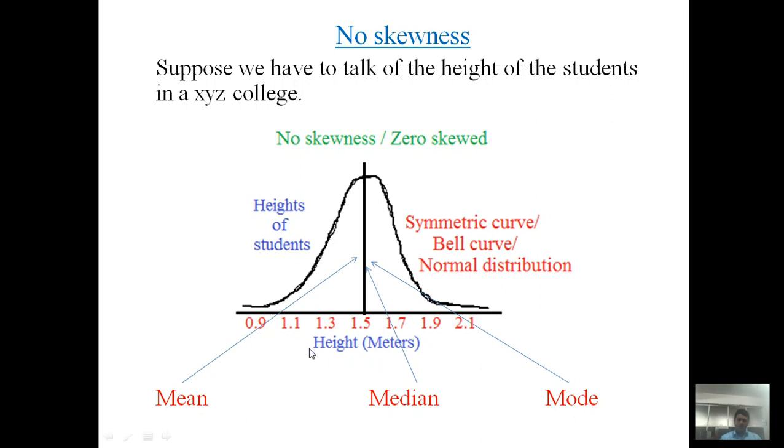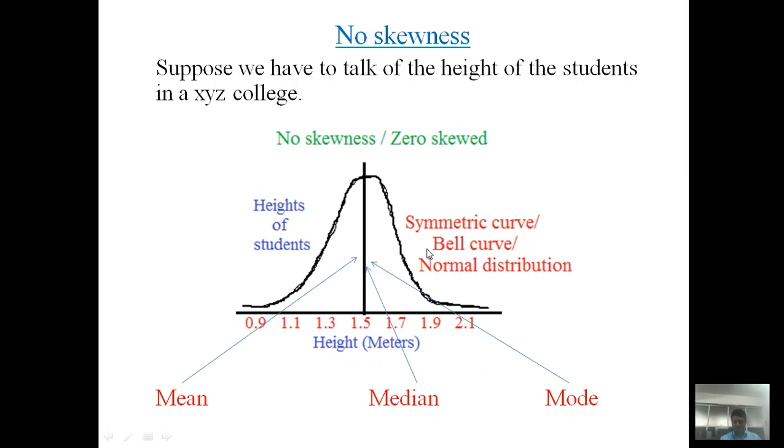Suppose in XYZ college there are 1000 students, and when we talk about the height of students who are in college, after 12th, we can randomly assume the minimum height is 0.9 meter.